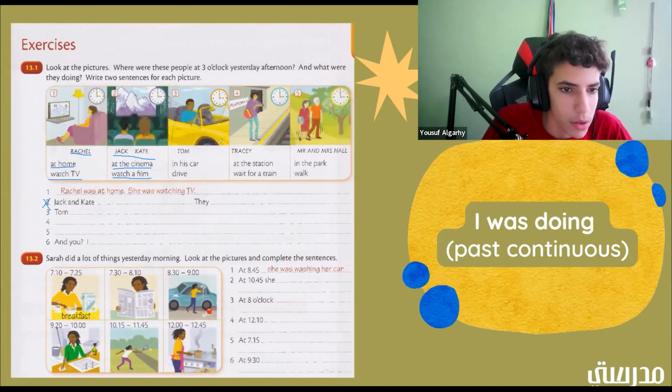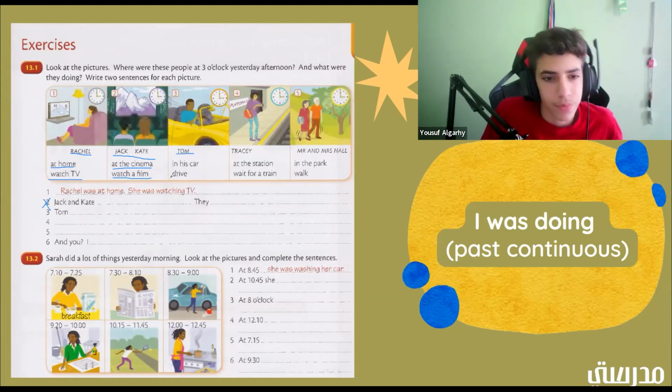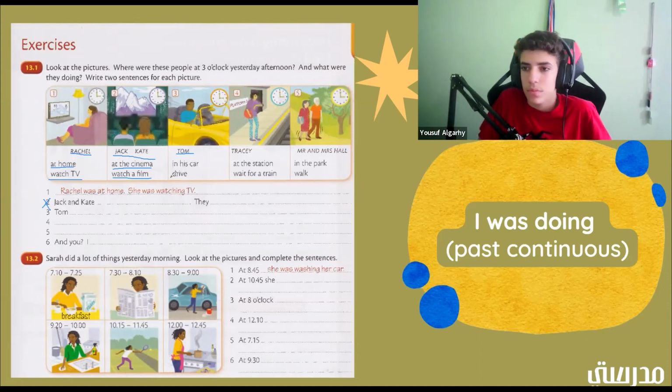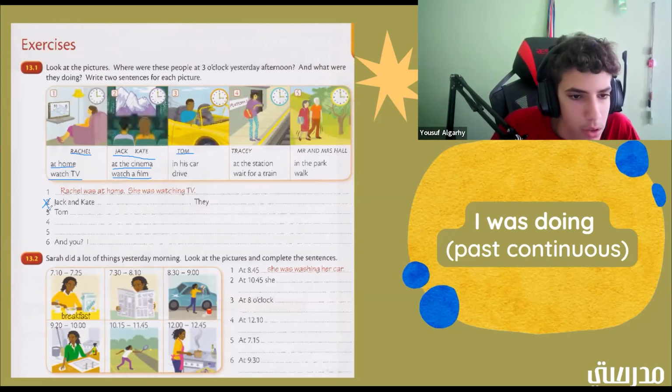So now we have Tom. Tom is in his car and he's driving. So what is Tom doing? Tom was driving in his car. All right, good job. Now I have number 4. Tracy was at the station.